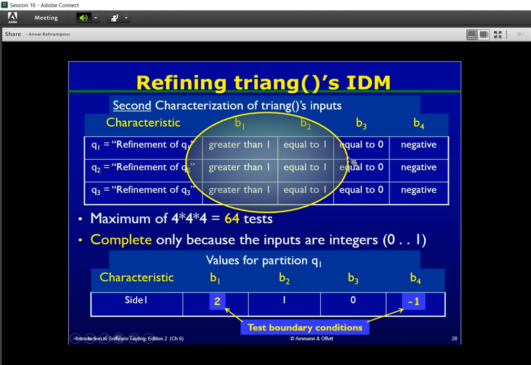So we cannot consider any value in this scope between 0 and 1.